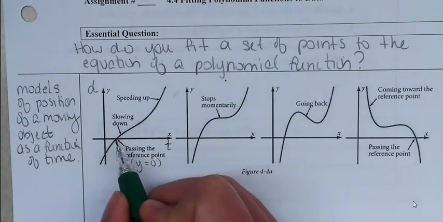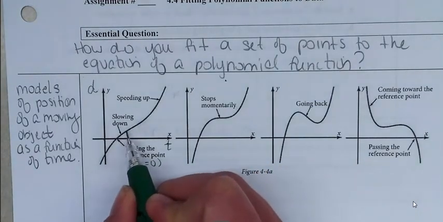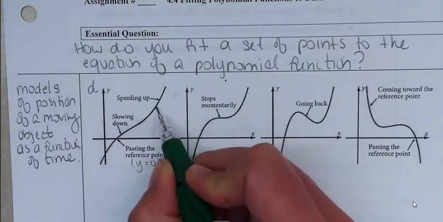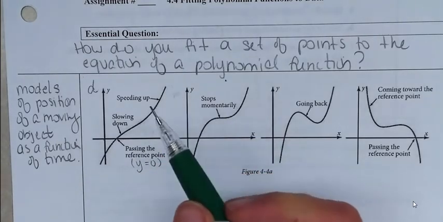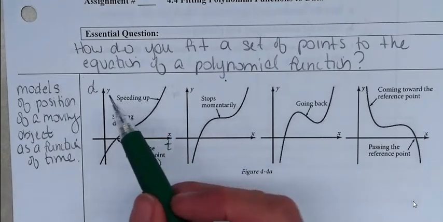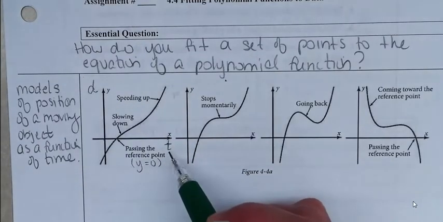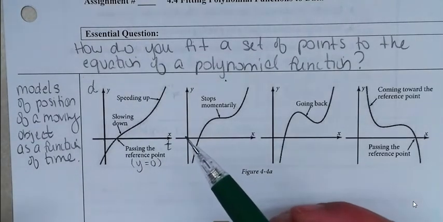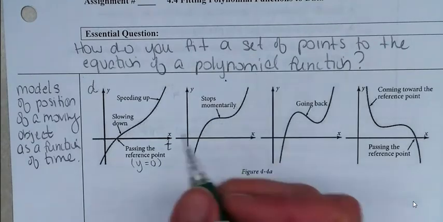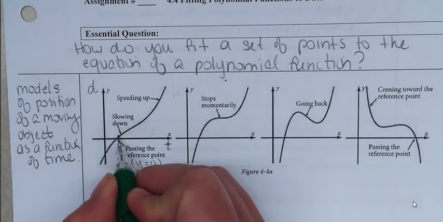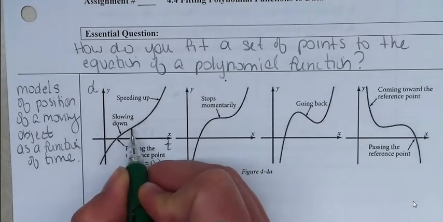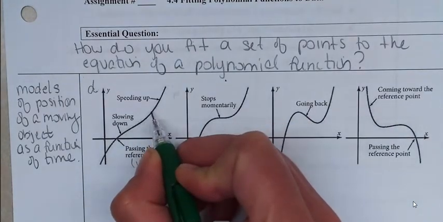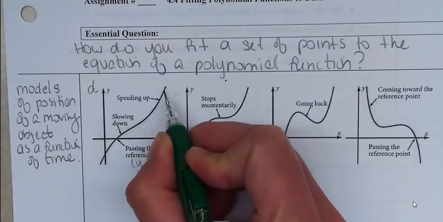Now, we know that in some parts of this graph the rate of change is less steep than other parts. And the rate of change, again, is the slope. So if I do distance over time, my slope is really representing velocity or speed here. So we can see that we have a slowing down. Our rate of change is not as large as the speeding up rate of change.